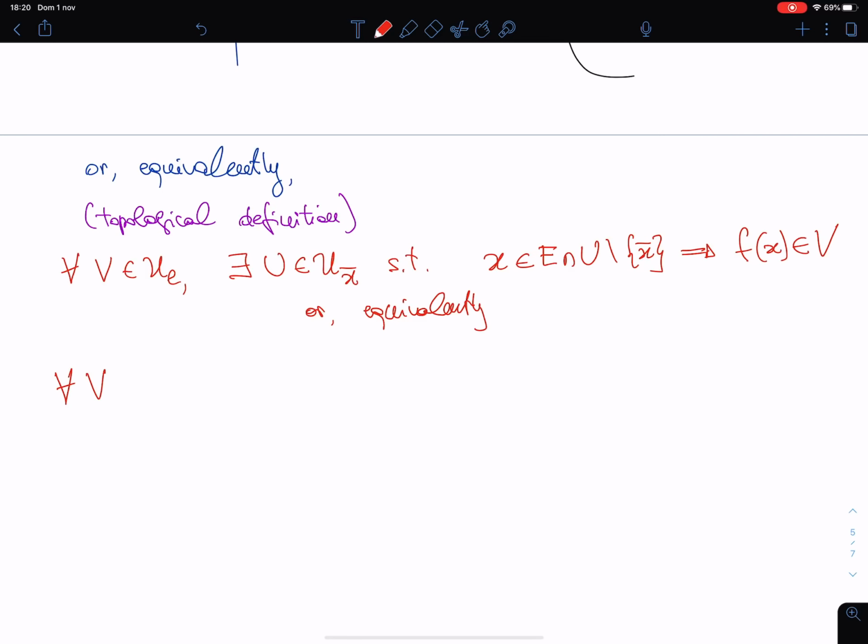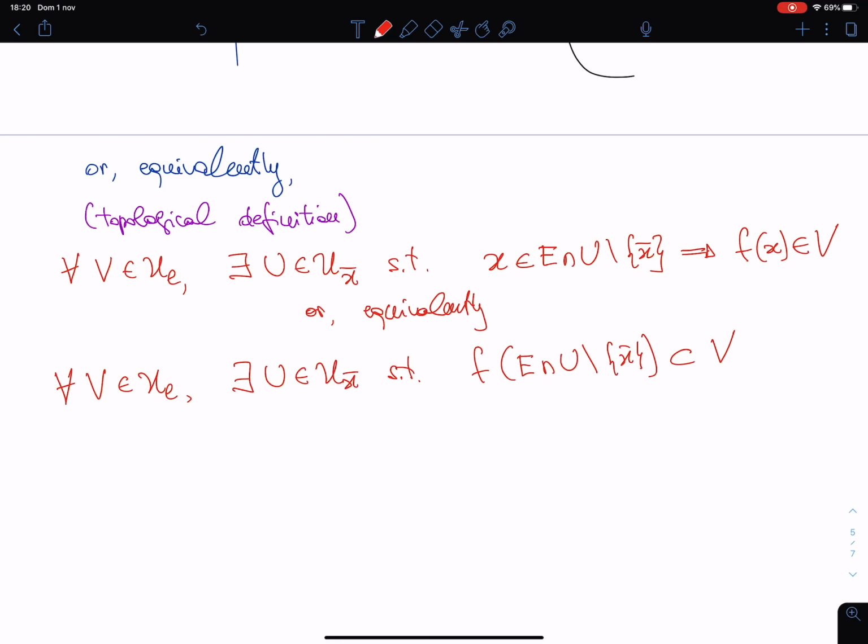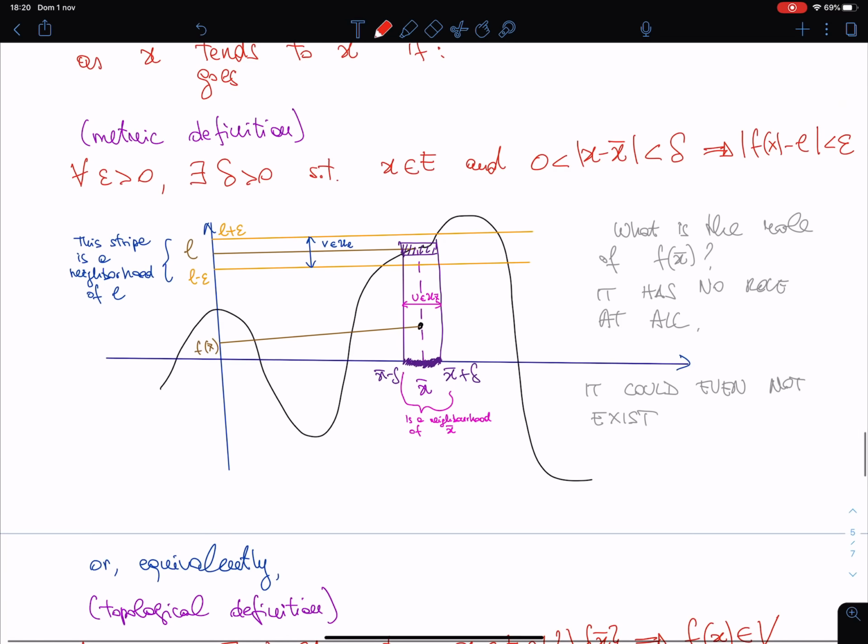For every V in U_L, there exists a U in U_x bar such that the image of this set E intersection U minus x bar is contained in V. That's really wonderful. Why is it wonderful?